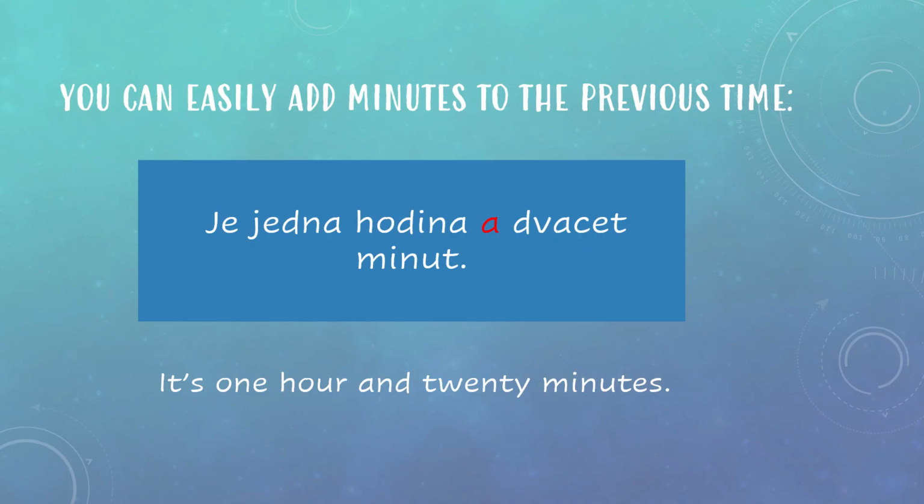You can easily add minutes to the previous time. For example, je jedna hodina a 20 minut. It's 1 hour and 20 minutes. A in Czech means and.